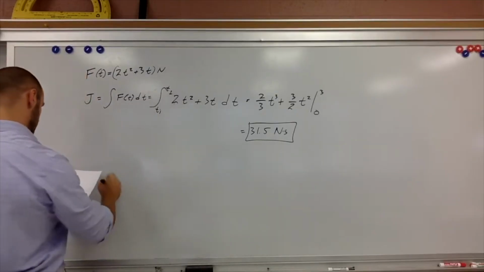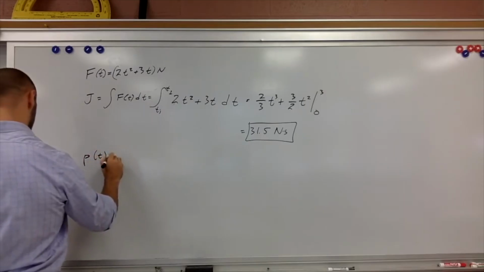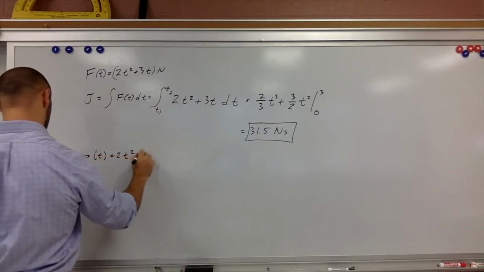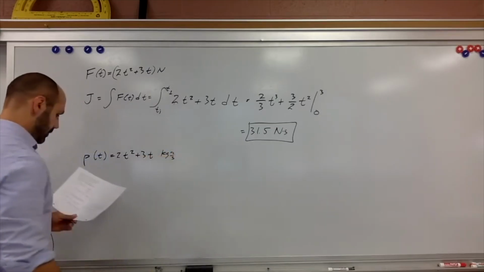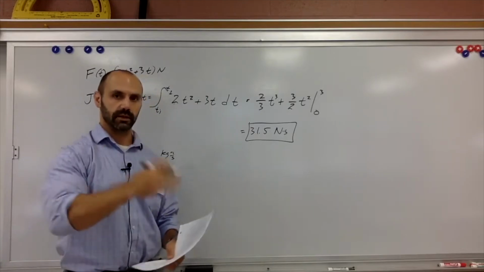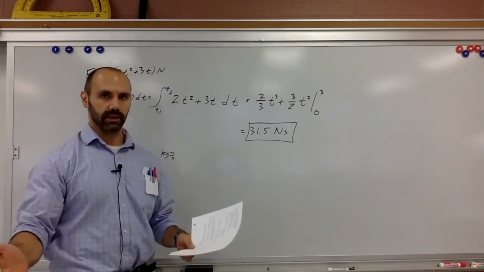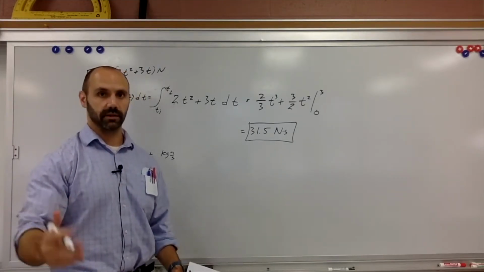Example 3 is similar, except that here we're given the momentum function. And here we want to know the net force on the body at 3 seconds. First thing we do, take the derivative, and we get the force function as a function of time, and then we just plug in 3.